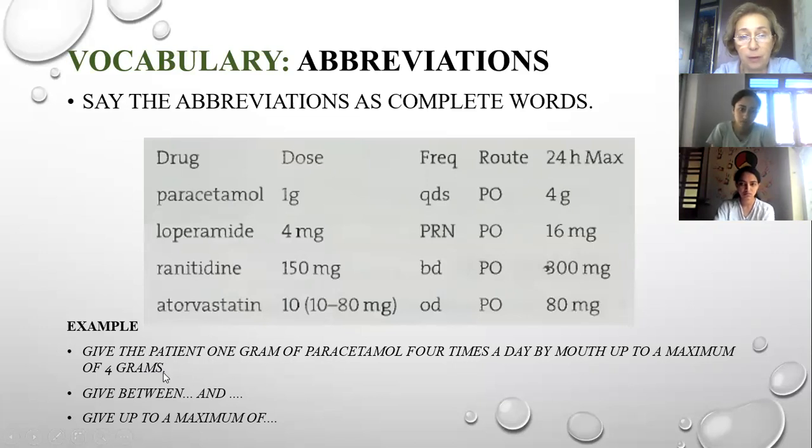So this is the sentence. So please write similar sentences about the 3 drugs which are given lower, using a similar structure, like give the patient between and give up to a maximum of. So please, just 3 minutes for you to do this. Start, please.